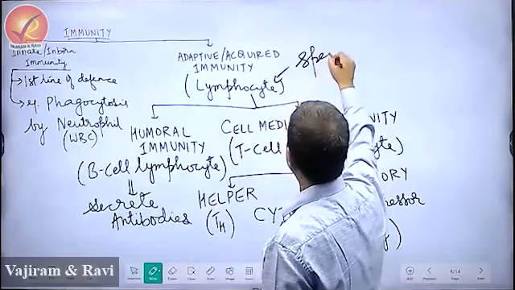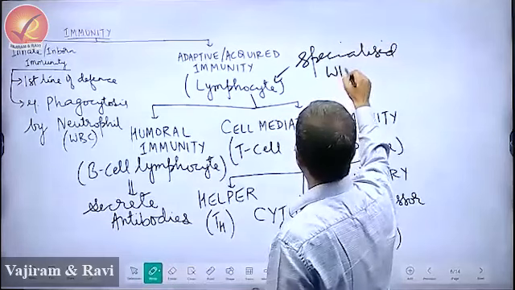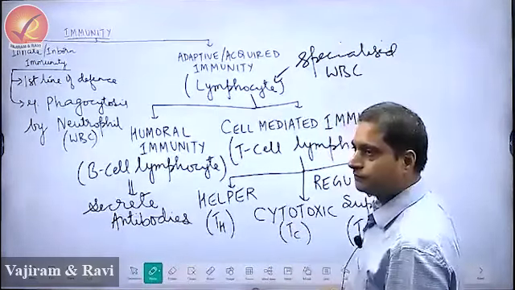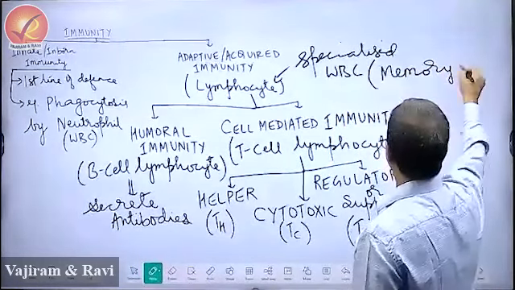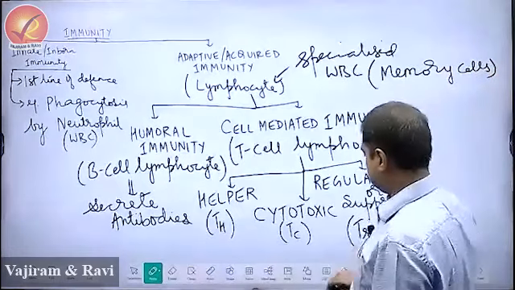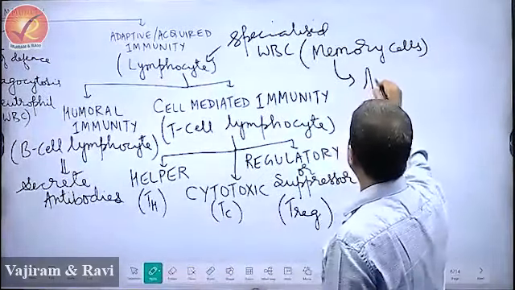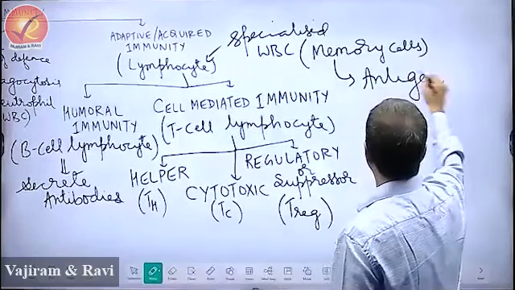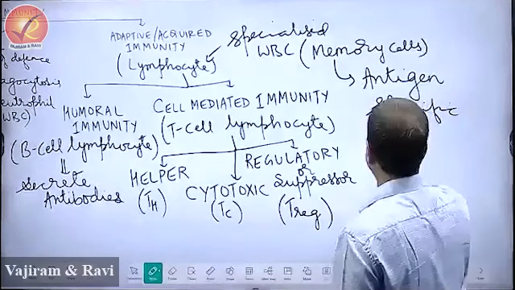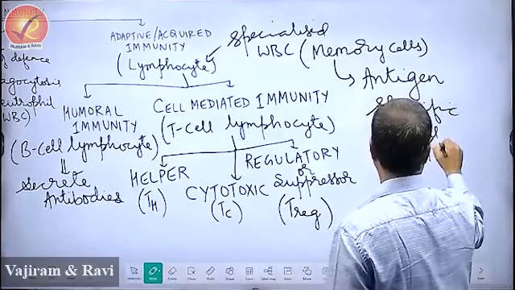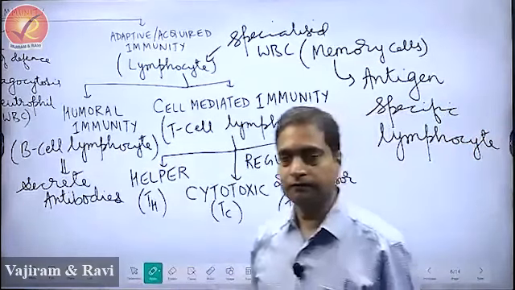So specialized white blood cells acting as what? Memory cells. What are these memory cells? Antigen specific lymphocytes.